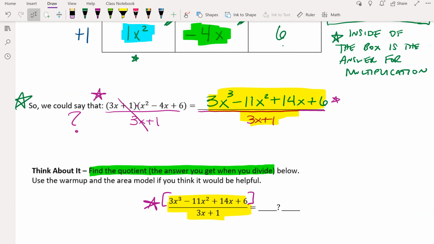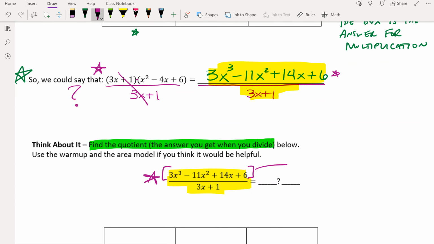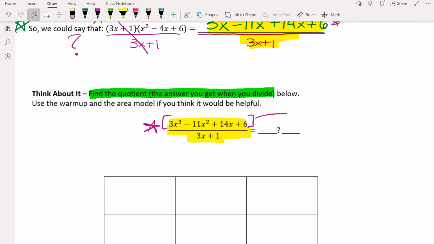So let's make a note that we need the numerator when dividing. Make this note: when dividing, we need the numerator inside the box. That's always going to be true.